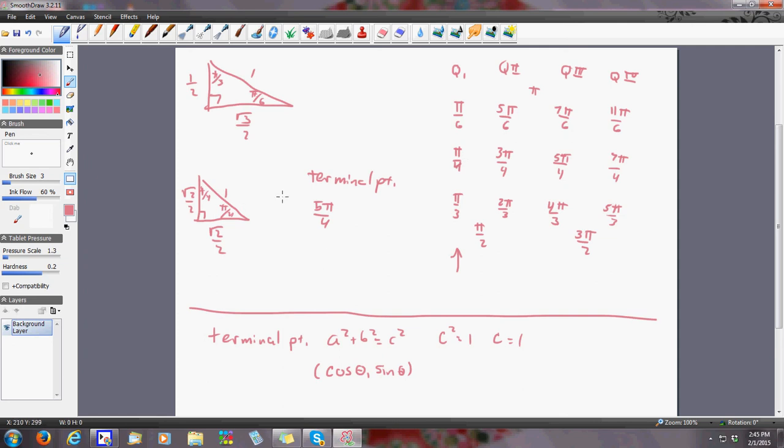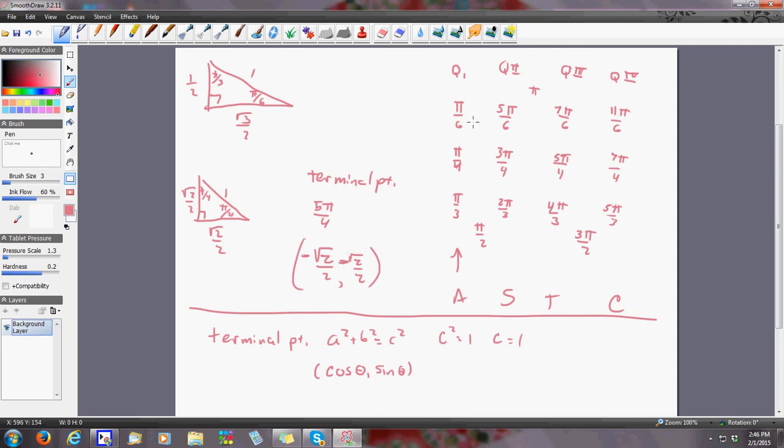So I go to pi over 4, and cosine is adjacent over hypotenuse, so it's going to be radical 2 over 2, comma, and the sine of 5 pi over 4 is radical 2 over 2. But because I'm in the third quadrant, only tangent's positive, so these are both negative, and that's it.